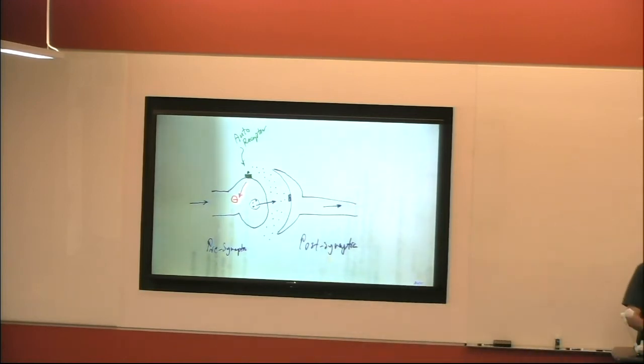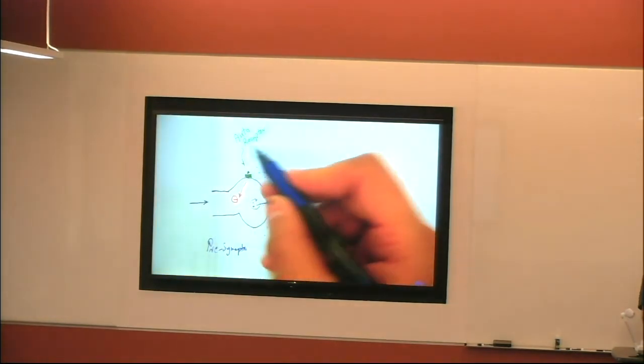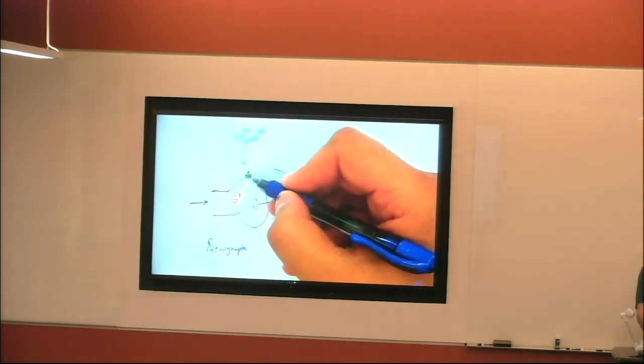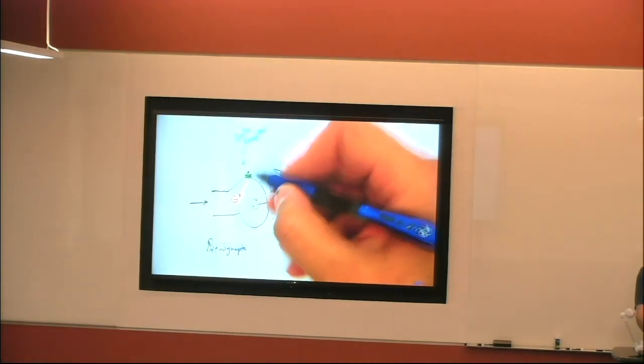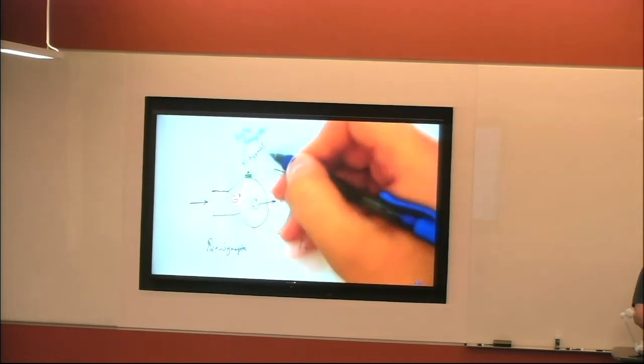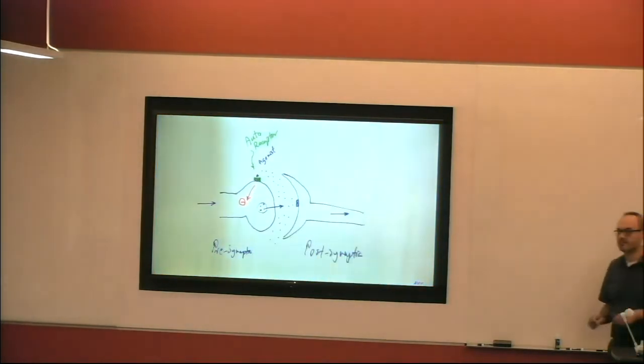So this is a receptor here. It's called an autoreceptor. Stimulating this receptor, basically acting as an agonist, would lead to inhibition of the release of more neurotransmitters.